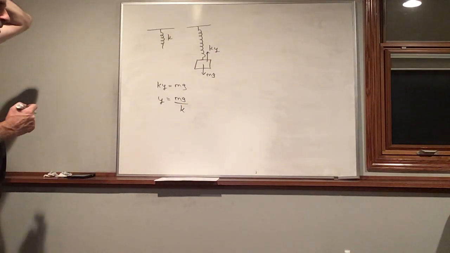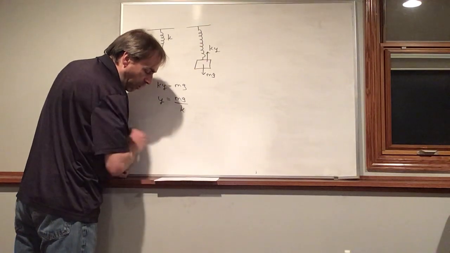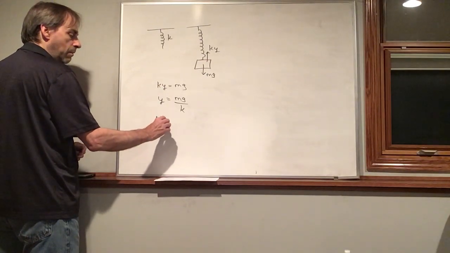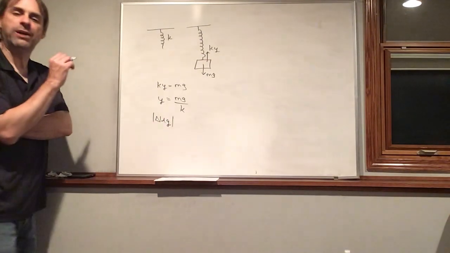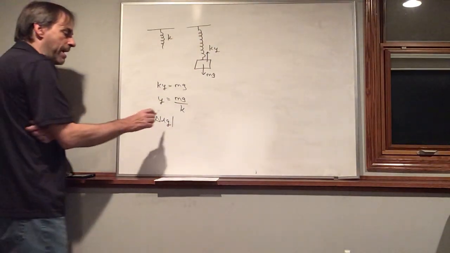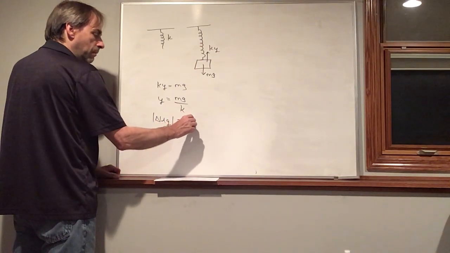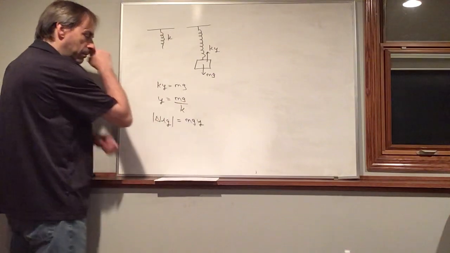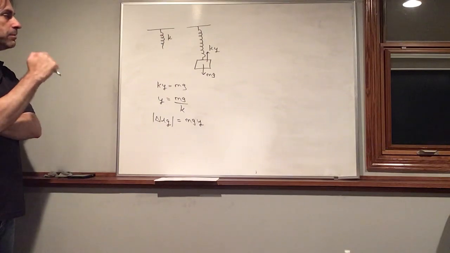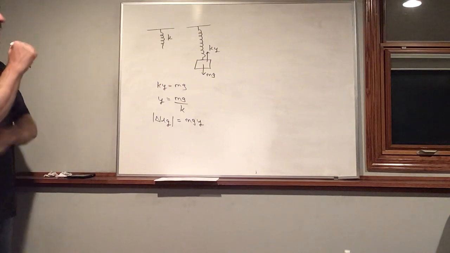And so the change in potential energy, the loss of gravitational potential energy. Now, they're asking for a loss. So this is a change in gravitational potential energy. Let's just look at the magnitude. That would be mgy. So y, it started out here. y would be the stretch from that length.